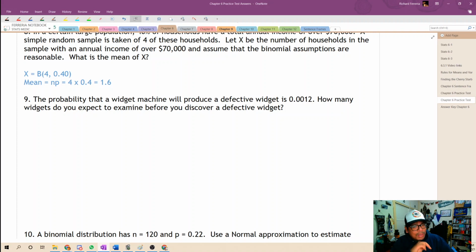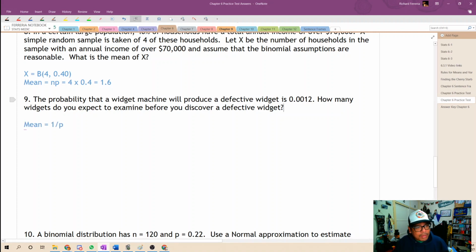We're assuming that the defectiveness is independent. We're interested in how many trials before we discover the first defective widget, and the same probability of success, or defectiveness in this case, is 0.0012 for each widget.